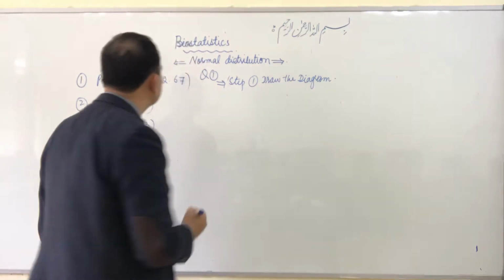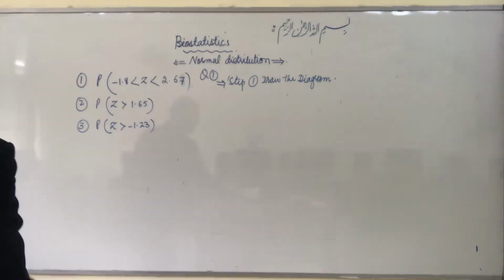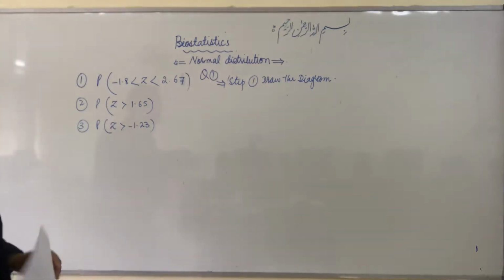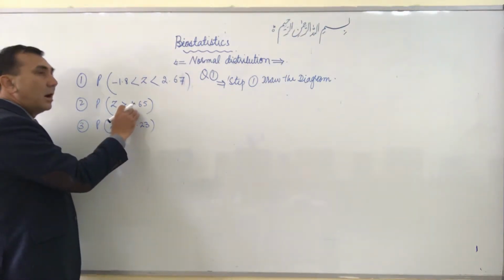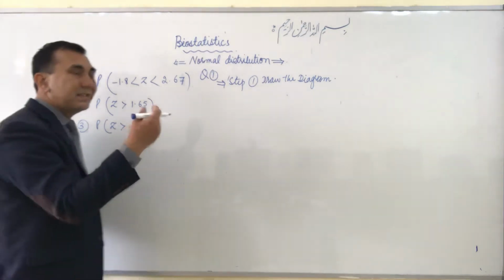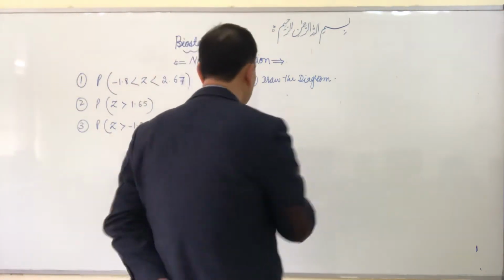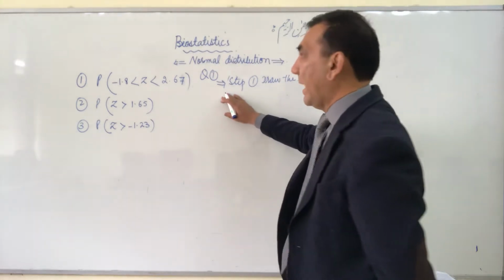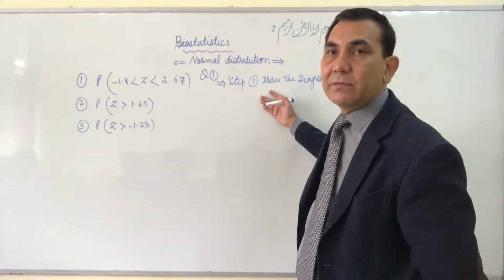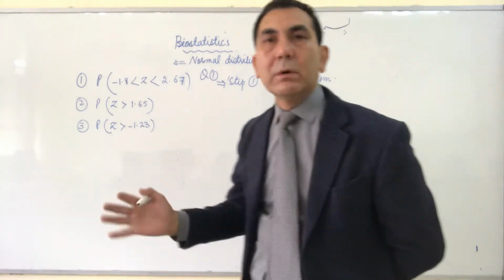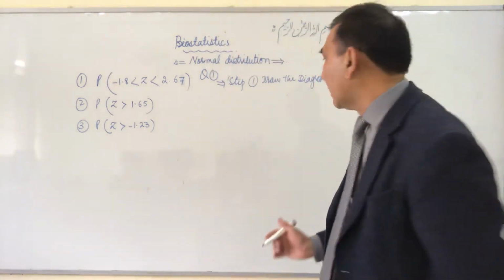Draw the diagram. Now, in the second question, what does it say? It says, what is the area above the 1.65? So, as we solved the first question, the same one, we will start from step number 1. In step number 1, we will draw the diagram first.